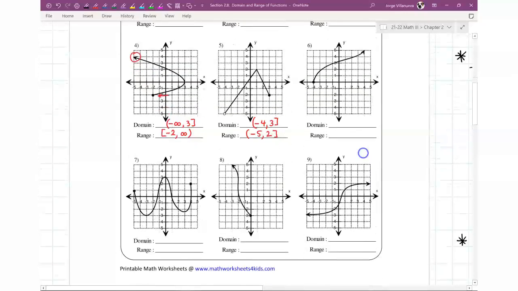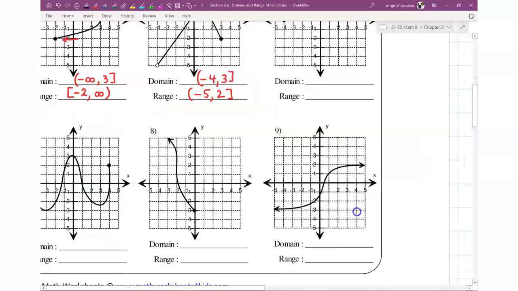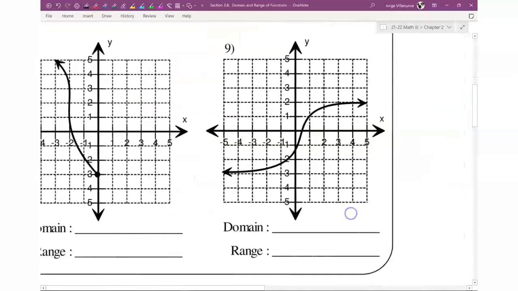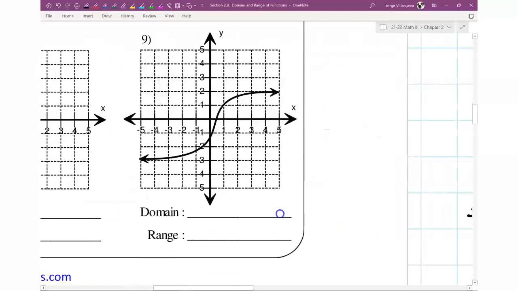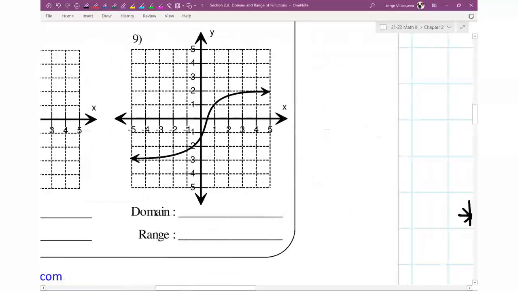Now, let me do one of these that's a little weird. So number 9. This one's a little weird because you see how it has arrowheads? That means that it's going to the right and up forever. And this one's going to the left and down forever.